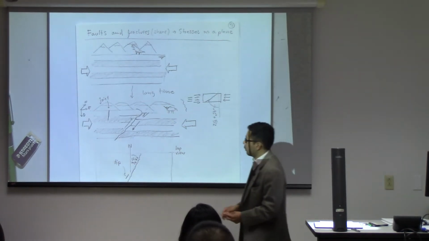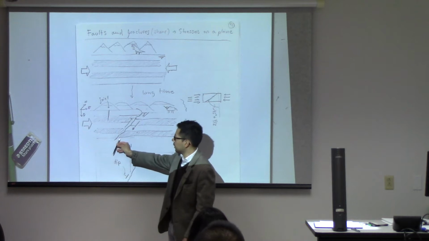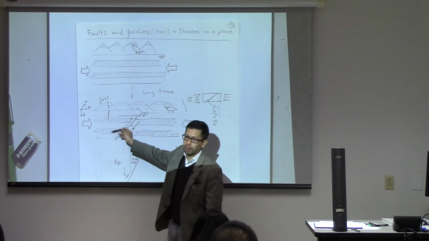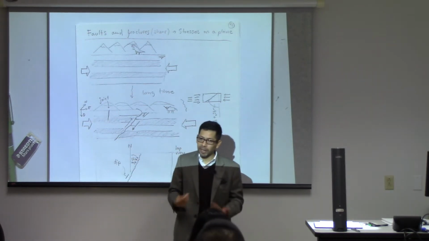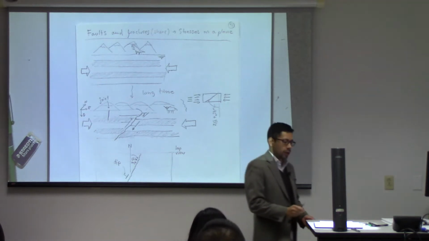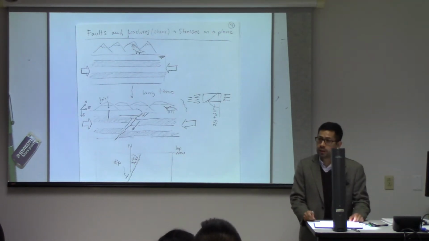You can imagine that whenever you have a fault, many times, not all times, but many times, fluids will find that as a pathway, a preferential pathway for fluid flow. Many times you have hydrocarbon accumulations near faults because they also could be sealing.